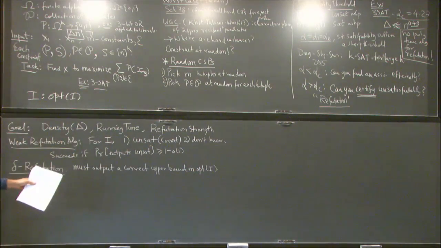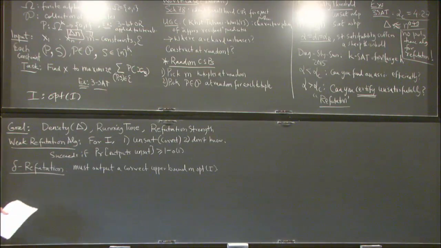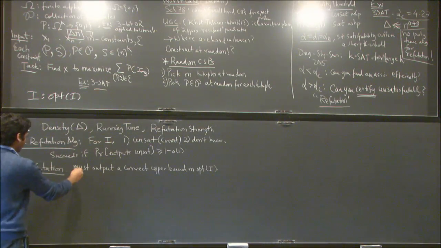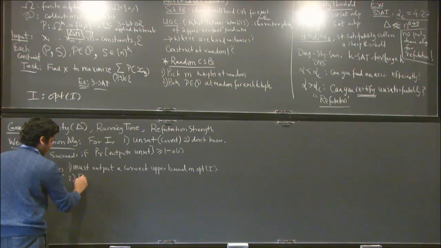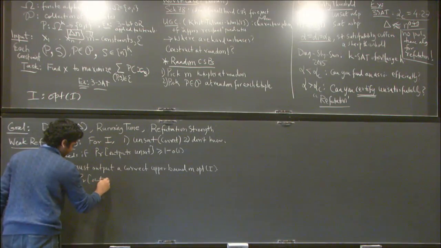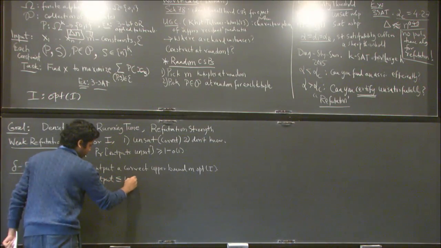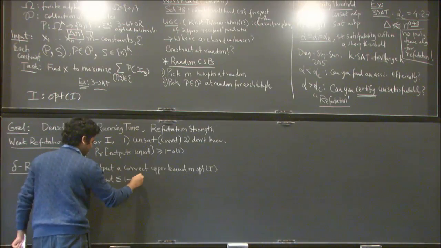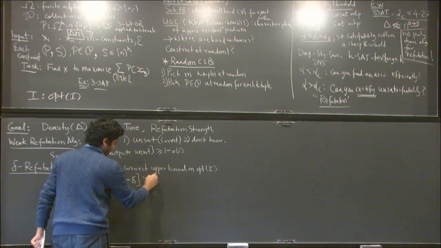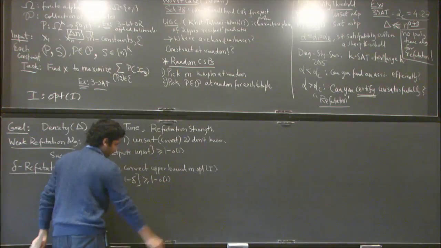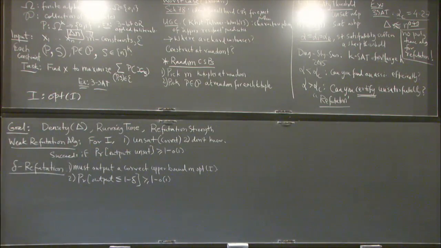This seems like a trivial task again. I could always say 1, but now you must answer such that the probability that the output is at most 1 minus delta, for some constant delta, should be 1 minus small o of 1. Delta is this parameter in my refutation algorithm's definition.